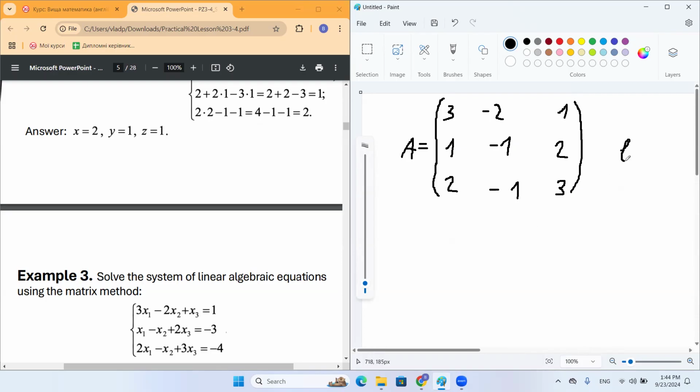And B is a vector column of three coefficients, three members.